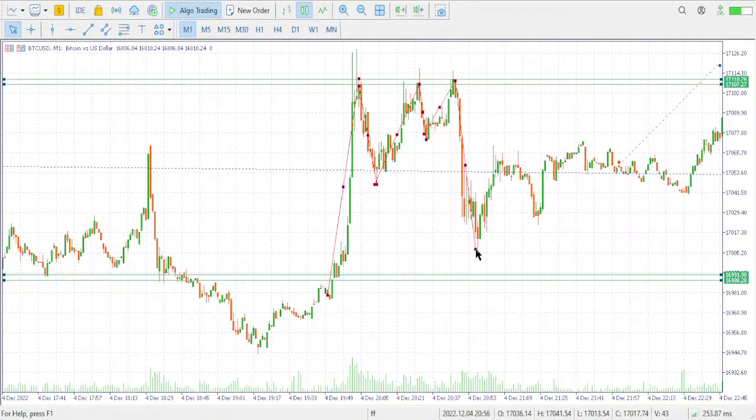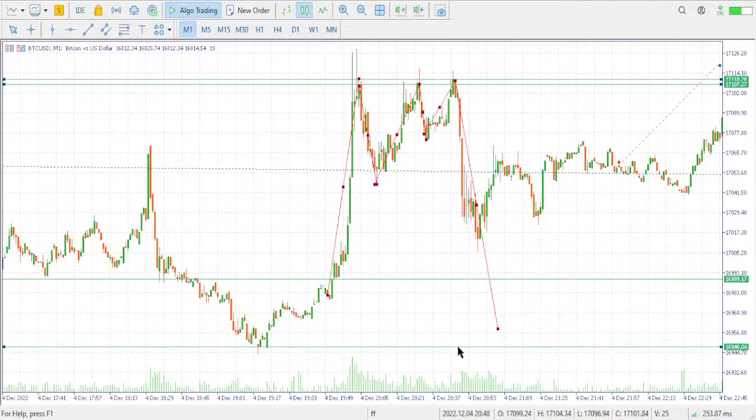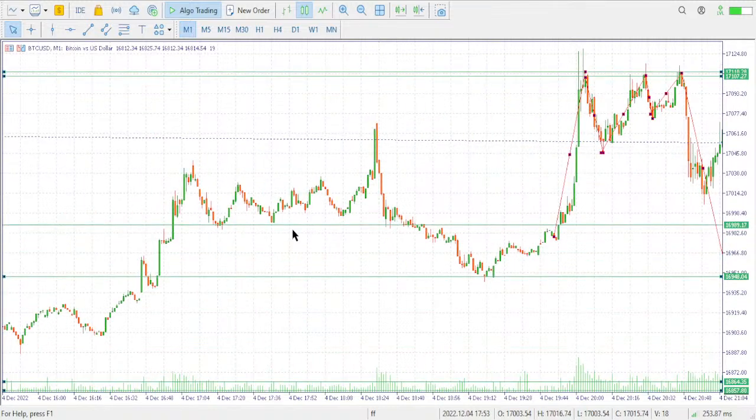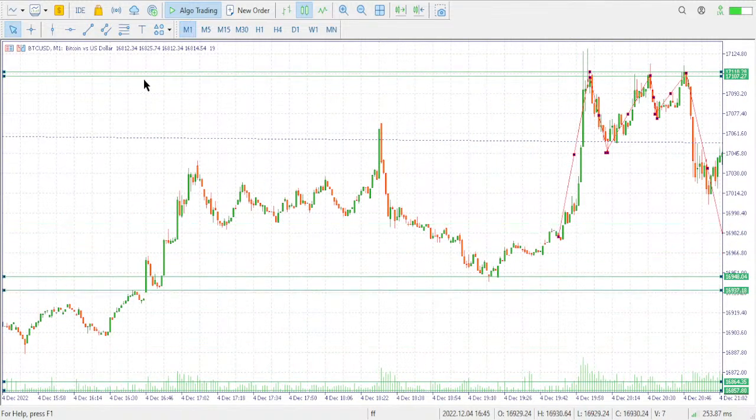So the price could not go back to where it started. This is not a very good M, but if this was a good M, then we could have expected the price to continue down at least up to the start of that shape, which is somewhere there. We also have another shape here.